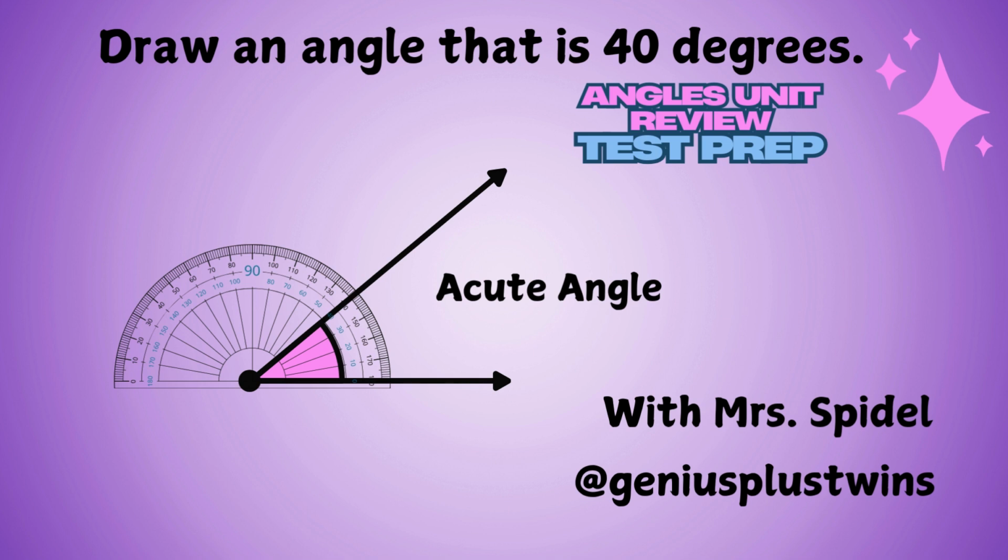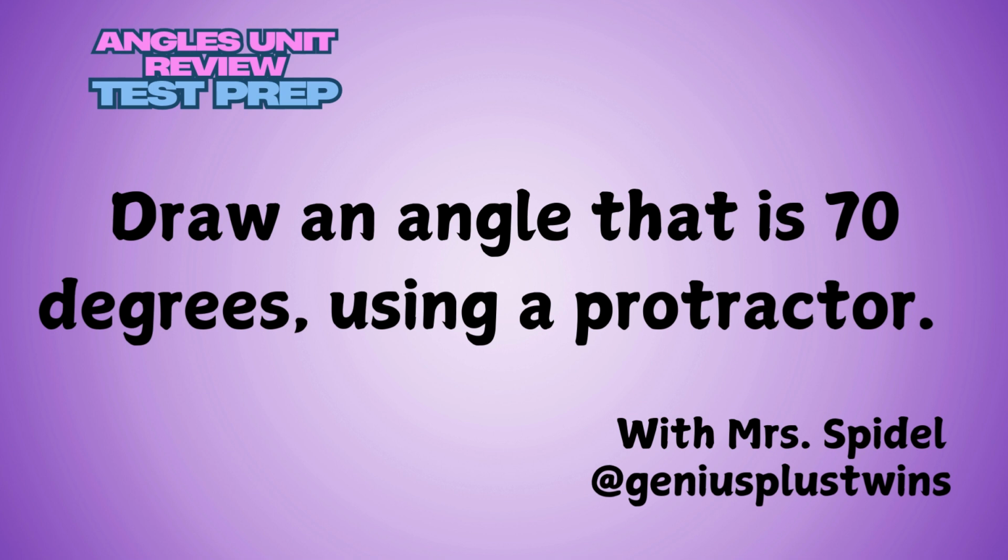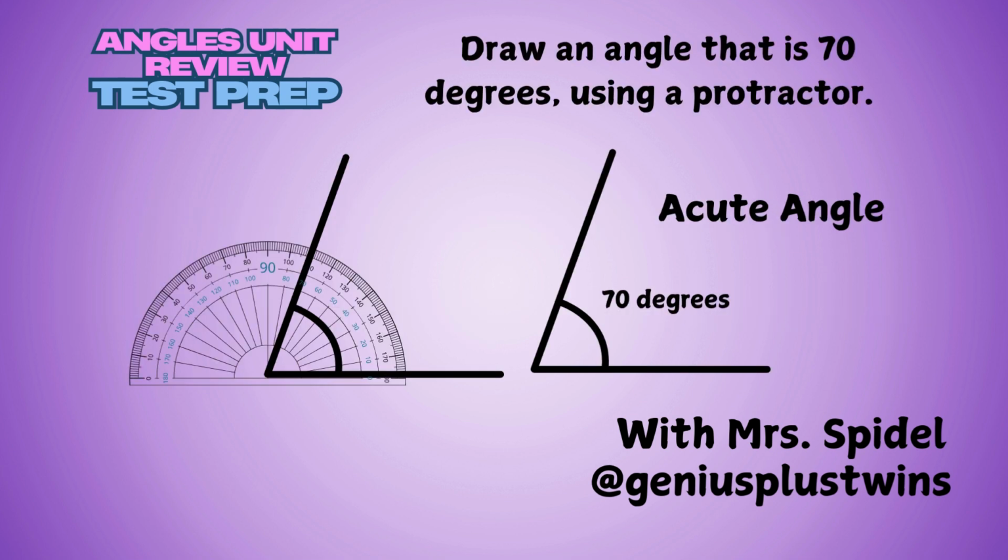Alrighty, moving on. In the next one, you are asked to draw an angle that is 70 degrees. And make sure you're using a protractor. Here, I've shown you how I would draw a 70-degree angle. I make sure that I use a straight edge or ruler to draw my horizontal line.